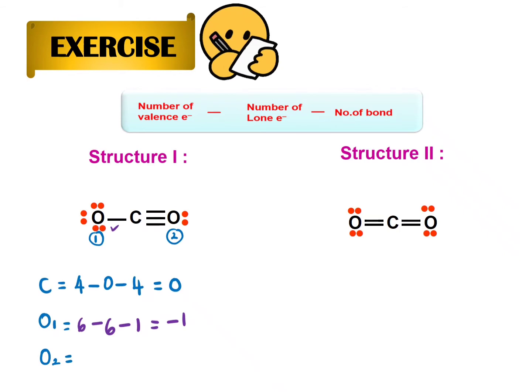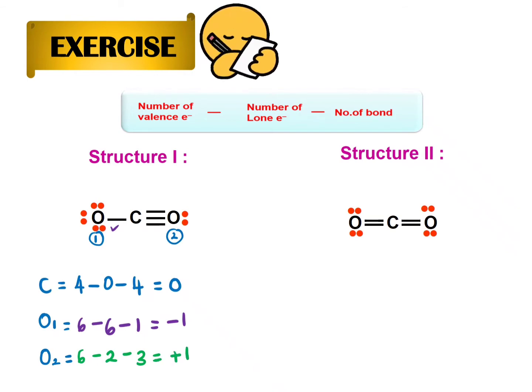Okay, for the second oxygen, we calculate as usual. The valence is the same, 6. Subtract the number of electrons on the second oxygen. It only has 2. Subtract the number of bonds on the second oxygen, 3. So it equals positive 1.